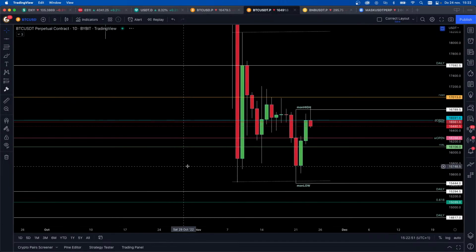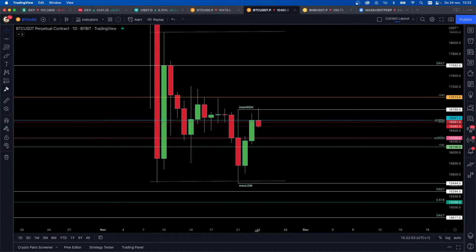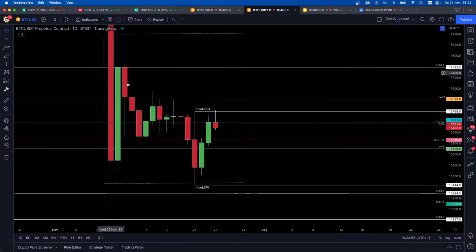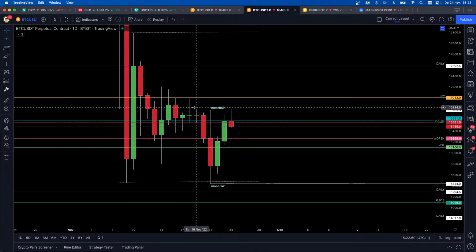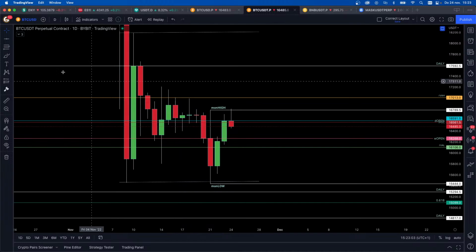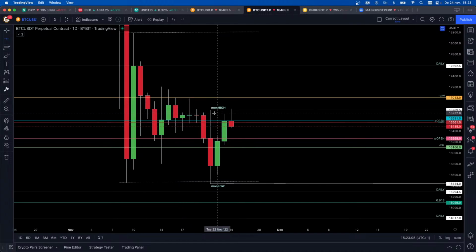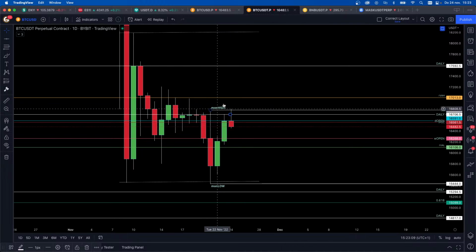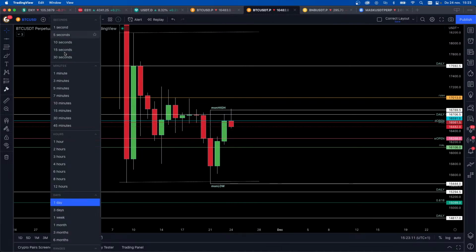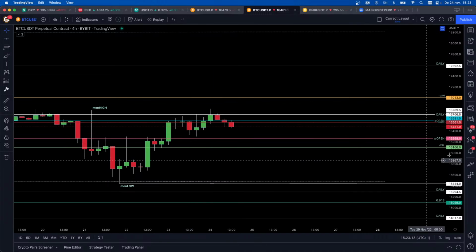But first I want to display why I shorted. There was somewhat of a confluence level here. I'm currently on the USDT chart, but we had a daily level over here. So that's why we can see those wicks at that level.